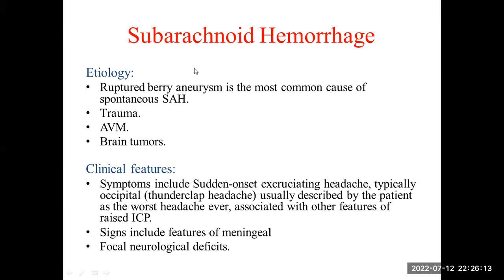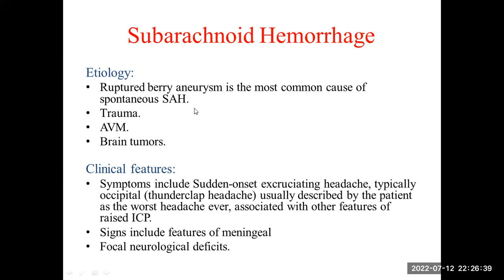And this rupture of the berry aneurysms can be associated with different conditions associated with collagen disorders, like polycystic kidney disease, like Ehlers-Danlos syndrome, for example. In these conditions, there is weakening of the blood vessels, and this can lead to aneurysmal dilatation, which can affect the brain tissues. And the rupture of the aneurysm might be triggered by hypertension.